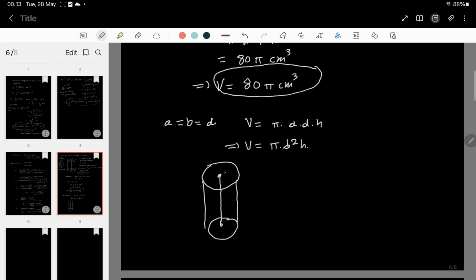So here you have this H, the height of the cylinder, and D is this distance here.